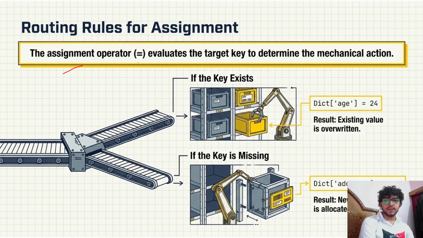So the assignment operator equal to evaluates the target key to determine the action. If the key exists, the value is overwritten. Say the values are stored in a variable named D. You will access it using the name, the key. Let's say age: I want to change the age to 20.